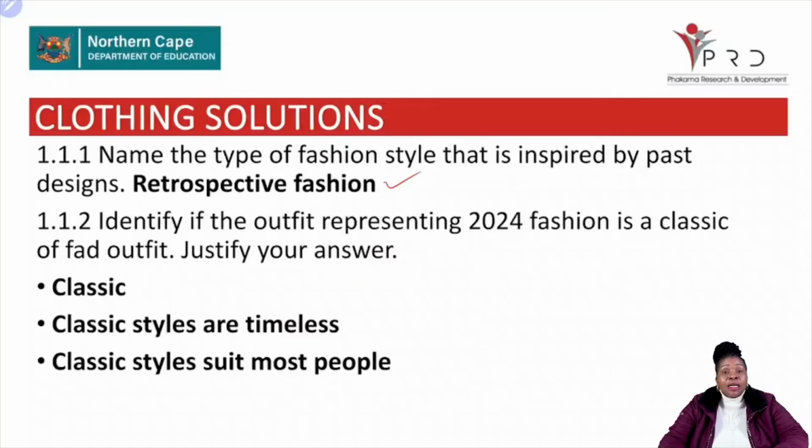But they are inspired by the designs that were used in the past, and then they try and design something that could be used in the present. So we call it retrospective fashion, or fashion which is done in retrospect.